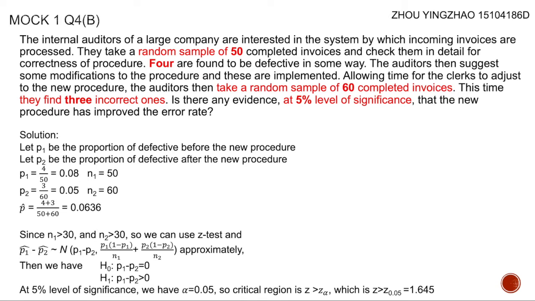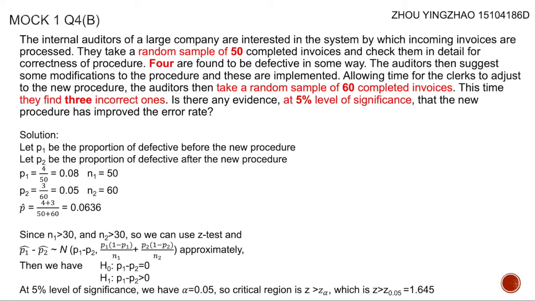After they adjusted to the new procedures, auditors take a random sample of 60 completed invoices, and this time they found 3 incorrect ones. So the question asks: is there any evidence at 5% level of significance that the new procedure has improved the error rate? So let's look at the solution here.